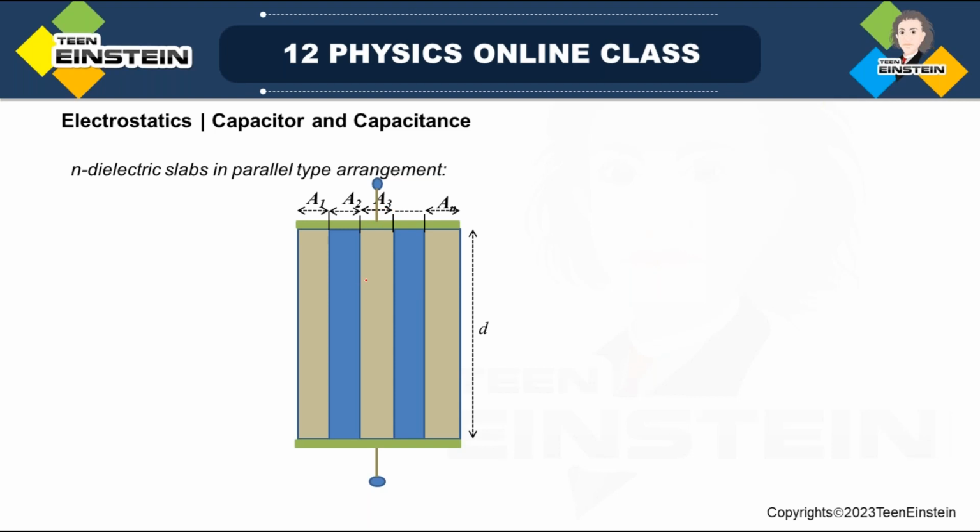That means the equivalent capacitance of a parallel arrangement we will get from here: C is equal to C1 plus C2 plus C3, C4.